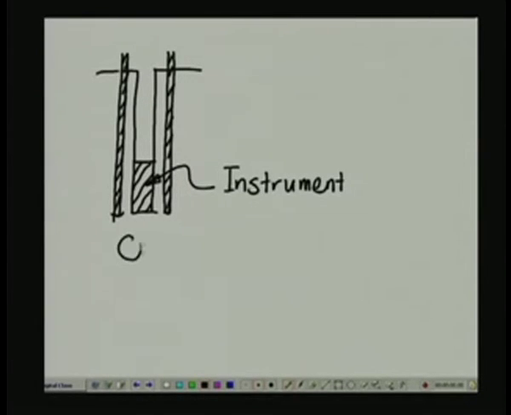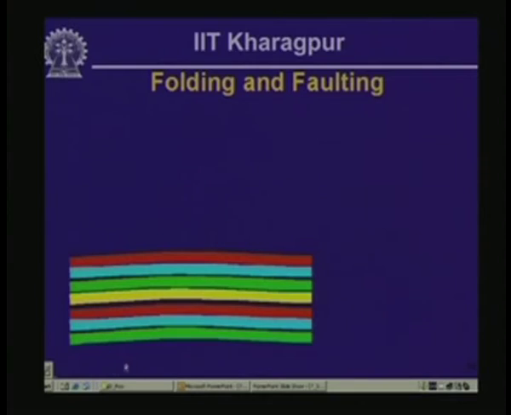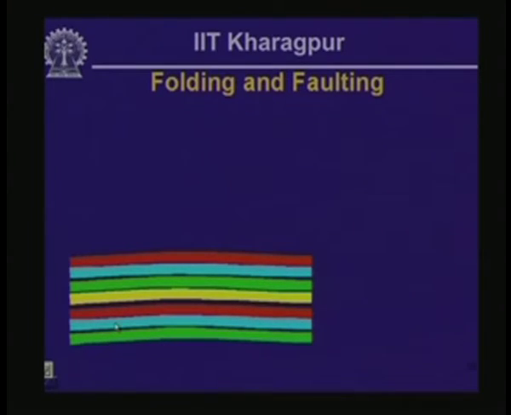So this procedure is called overcoring, and it is used quite extensively in determining the state of stress around underground excavations.